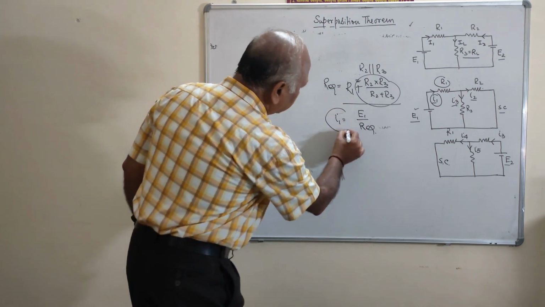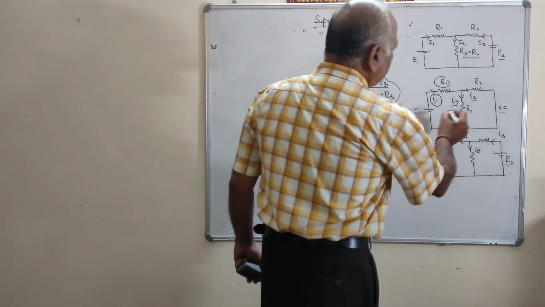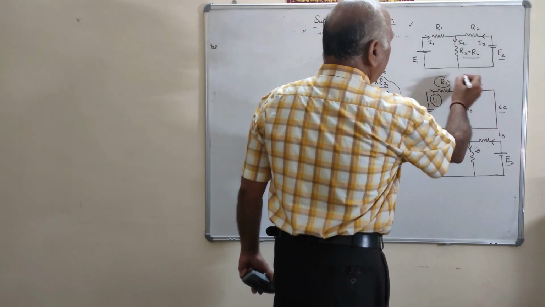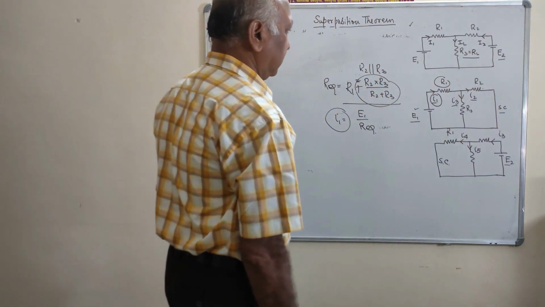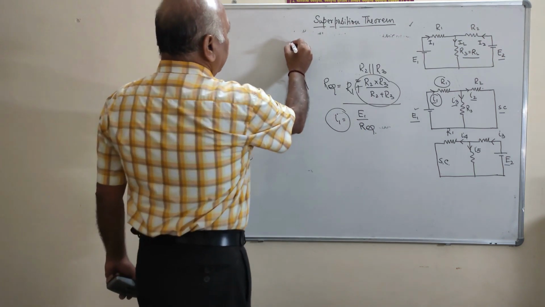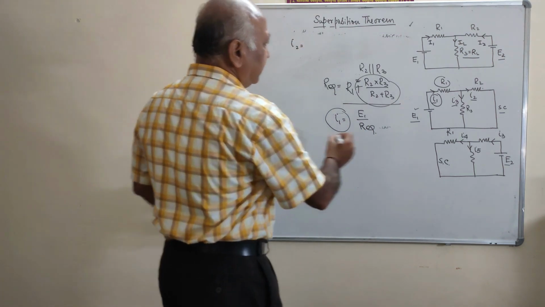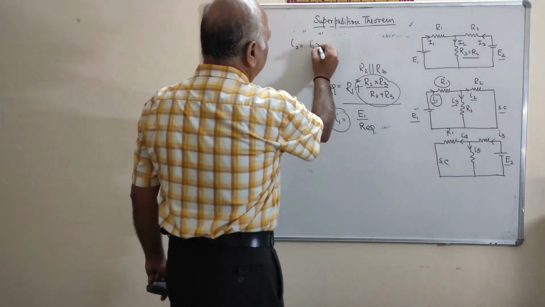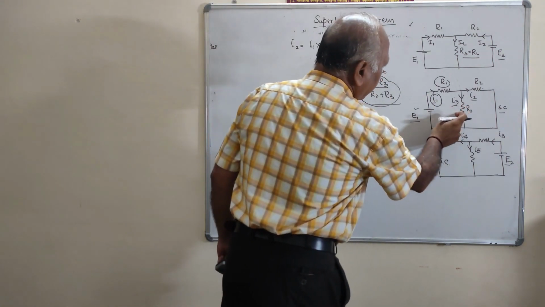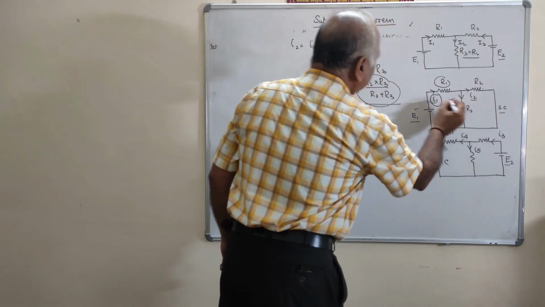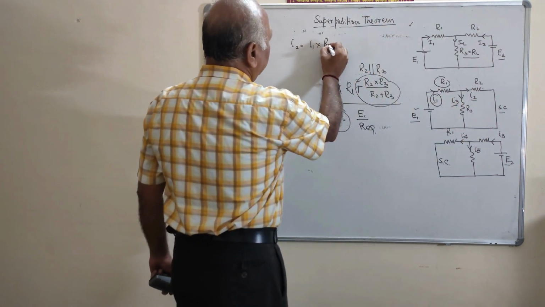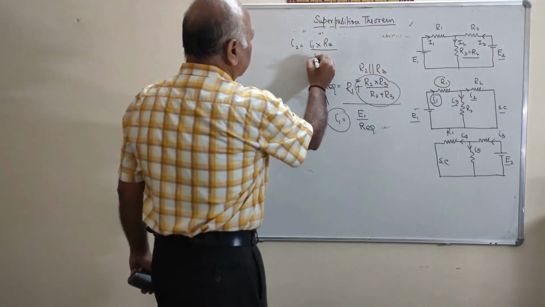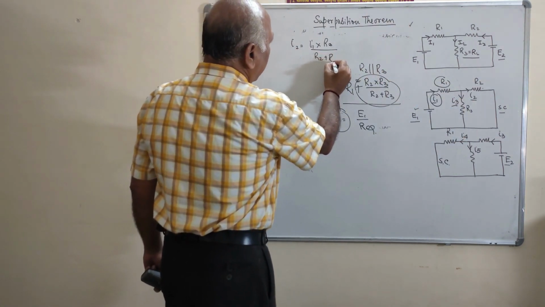When you calculate I1, this I1 is divided into two parts. That means हमने क्या करा? We apply the current division rule. और एक चीज देखिए, I2 will be equal to the total current I1 into the resistance of the other branch, which is R3, upon the sum of these resistances, that is R2 plus R3.